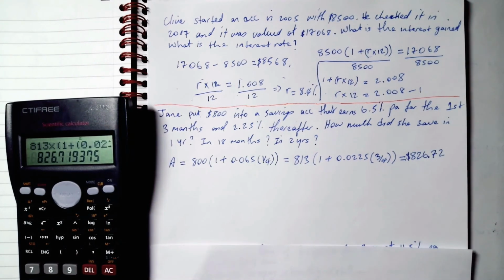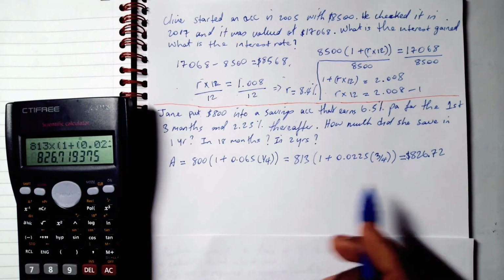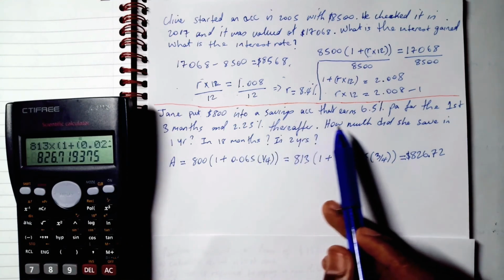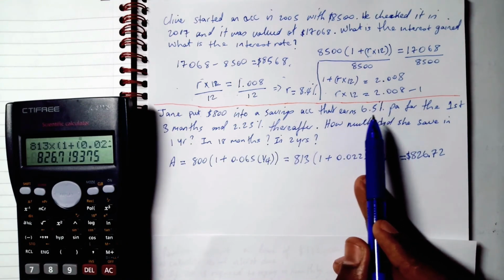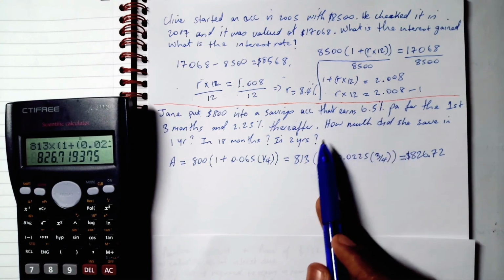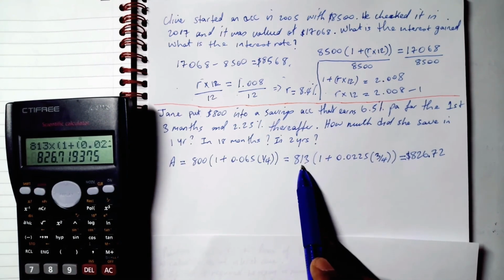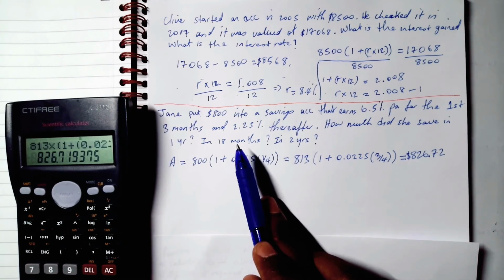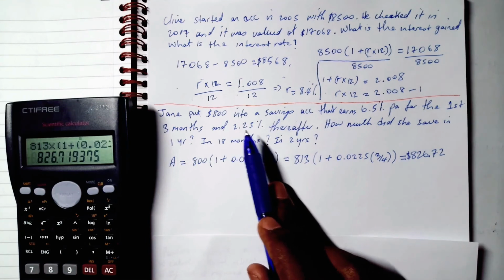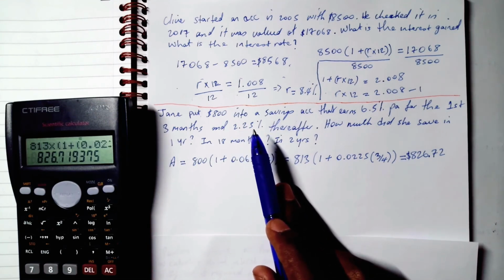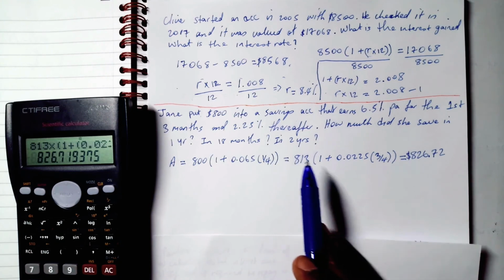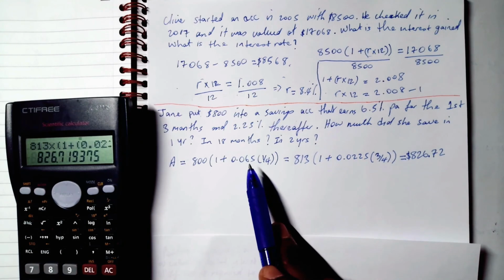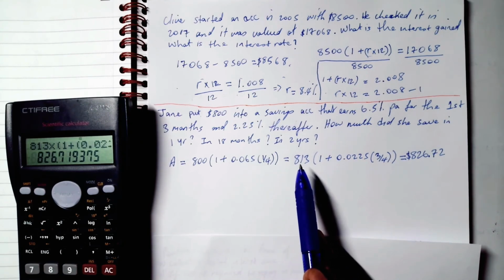Alright? Good. We have the same thing to do for 18 months. The first 3 months is calculated at this interest rate, which we already have here. But the remaining 15 months will be calculated at this interest rate. I hope you're following, because the first 3 months was already calculated at this interest rate, which is this.